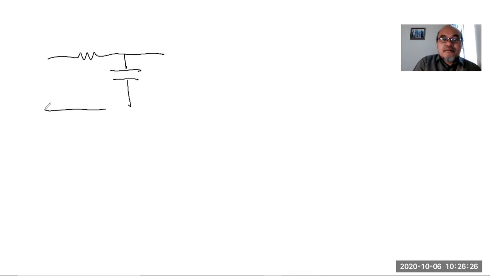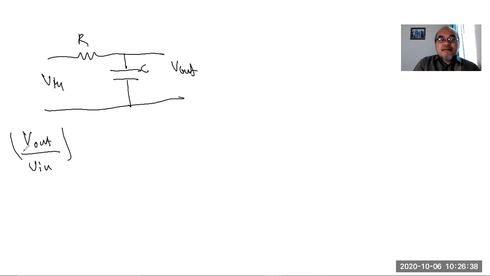Clear? So let's do again. This is V out. So V out divided by V in equals XC divided by square root of R square plus XC square.